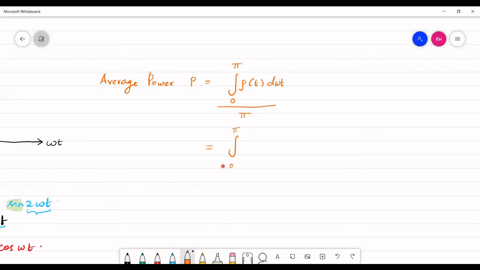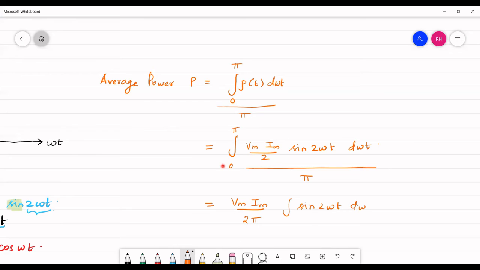Now substitute the value of P of t. So P of t is Vm Im divided by 2 sine 2 omega t d omega t, the whole divided by pi. That could be written as Vm Im divided by 2 pi integral of sine 2 omega t d omega t from 0 to pi.